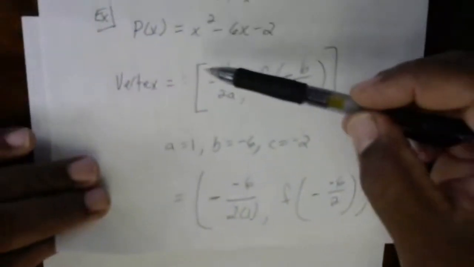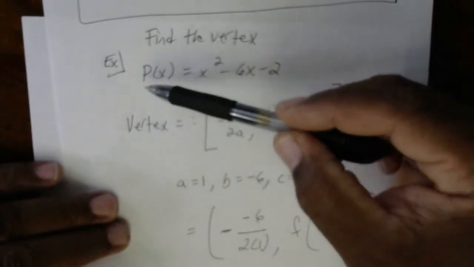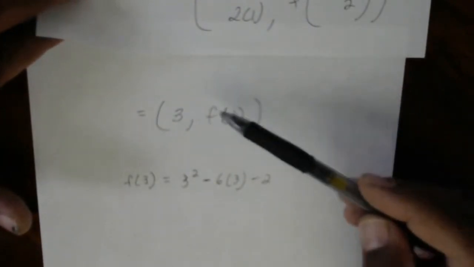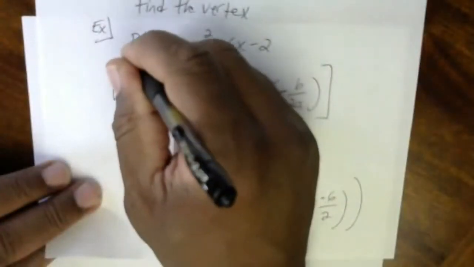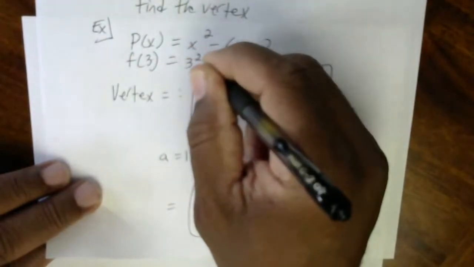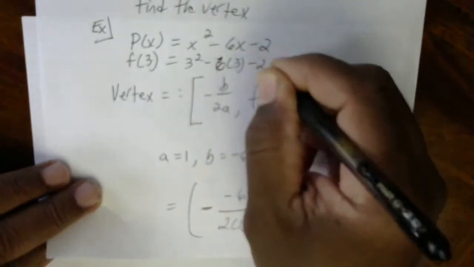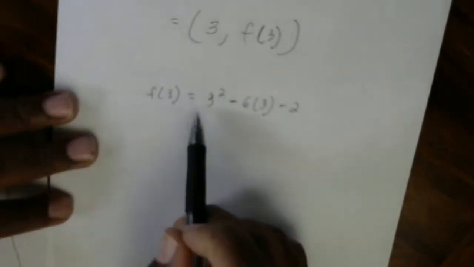So here's what I'm doing. I'm going back to the p of x, right? And in this formula, it's called f instead of p. F is just the standard notation for function. All right. So if we were to find f of 3, right, this is 3 squared minus 6 times 3 minus 2. So that's where this is coming in.